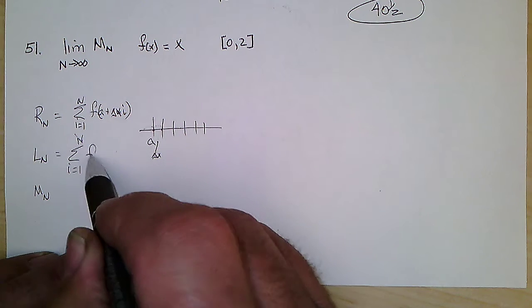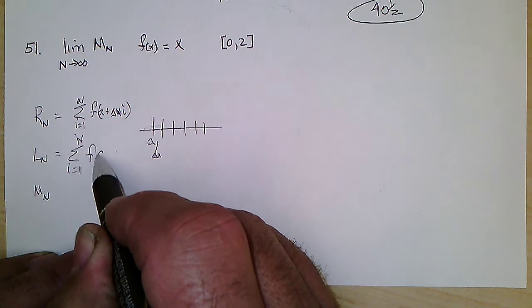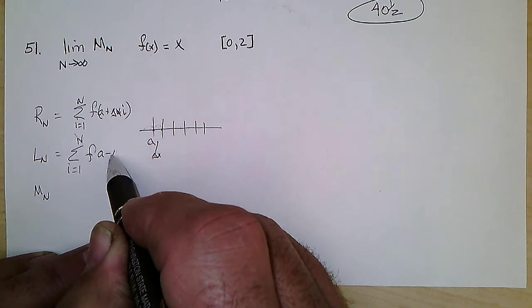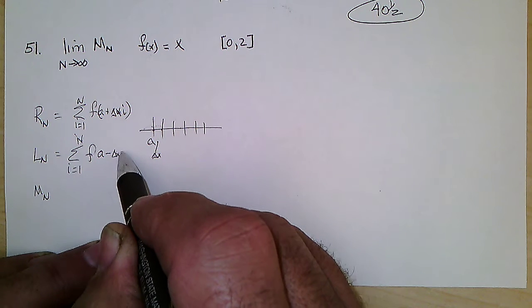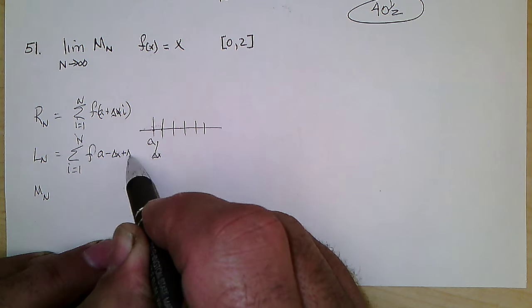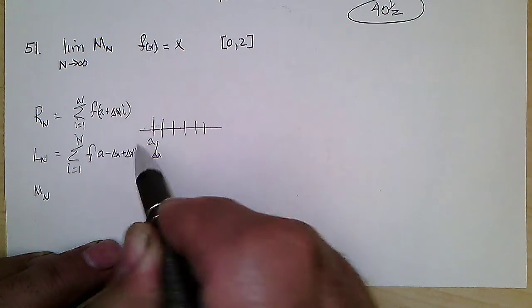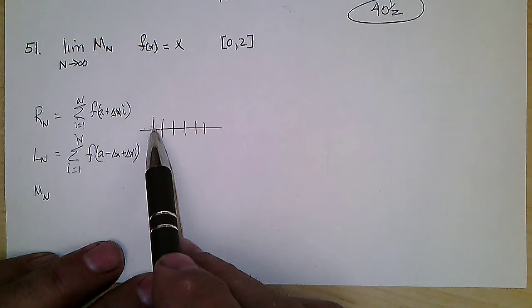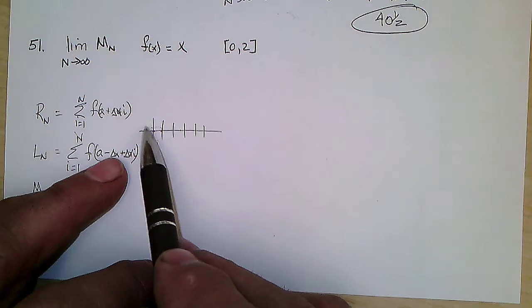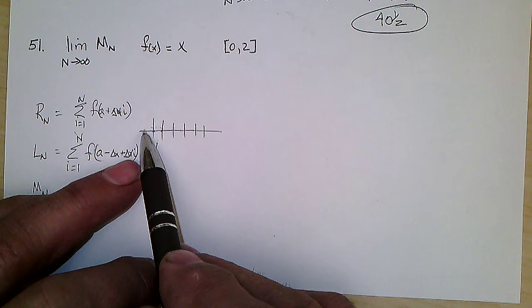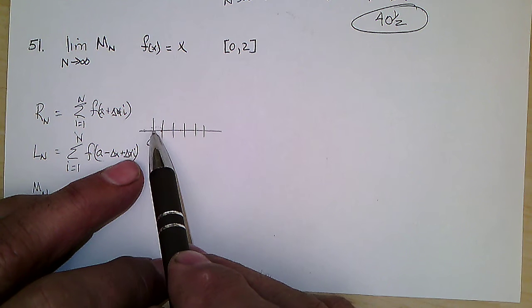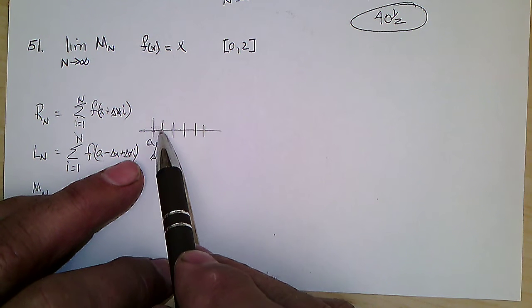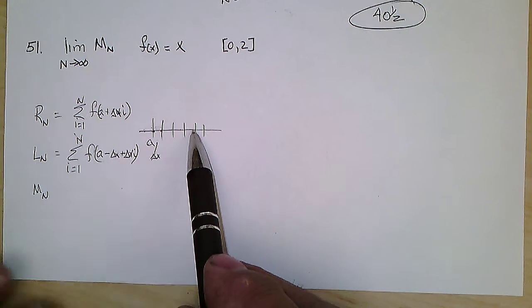So you can do f of a, back up 1 width, and then go plus delta x times i. So go to the start, back up 1 width, and then when i is 1, you'll go forward 1 width, and then when i is 2, you go 2, and then 3, and then 4, and then 5.